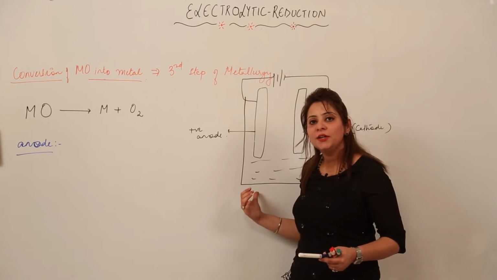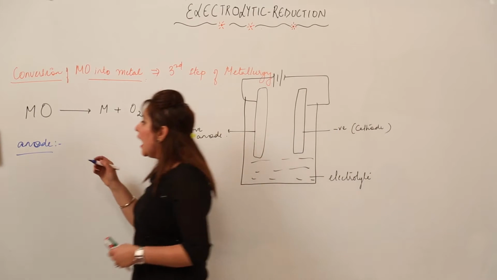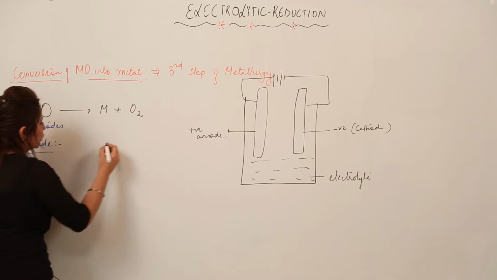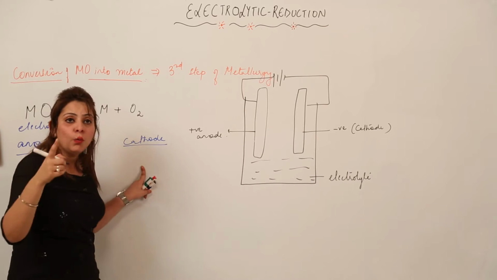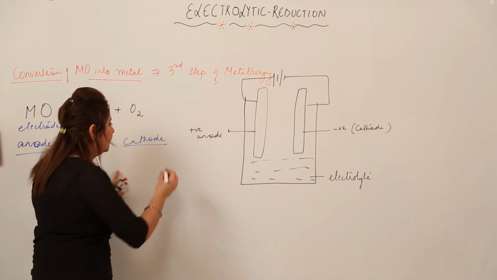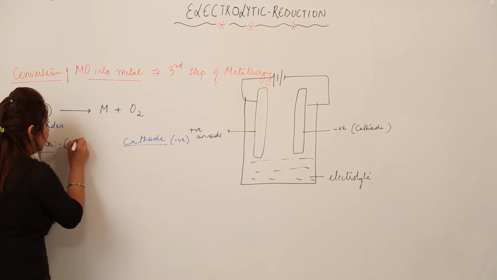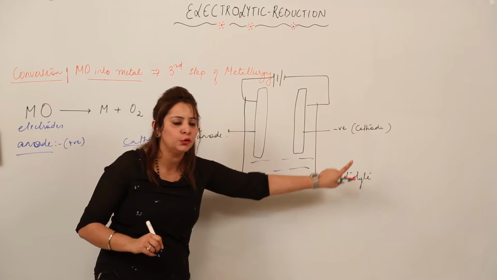We have two electrodes, anode and cathode. The one attached to the negative terminal is the cathode and the one attached to the positive terminal is the anode.